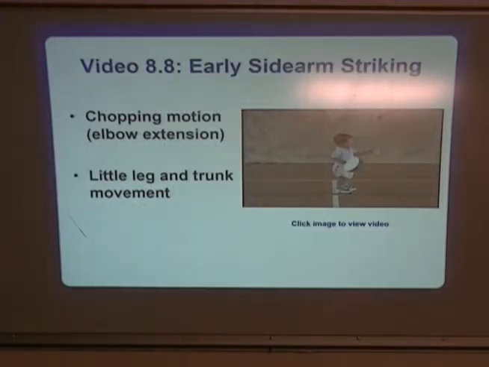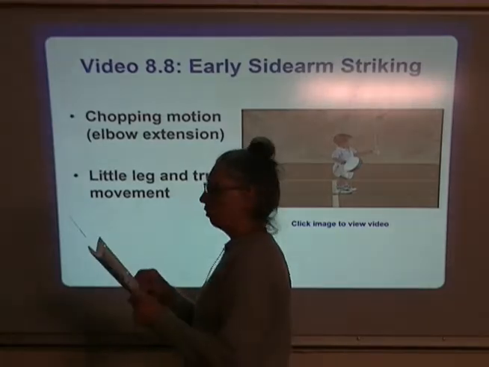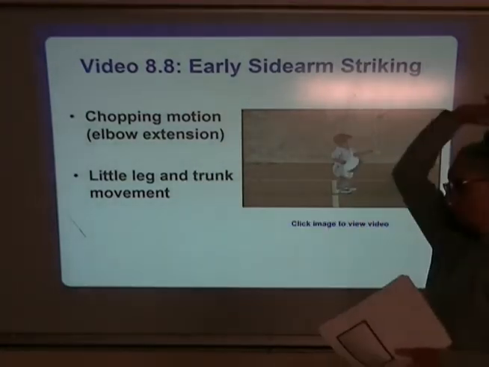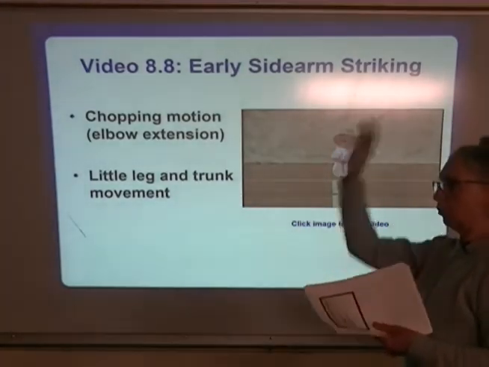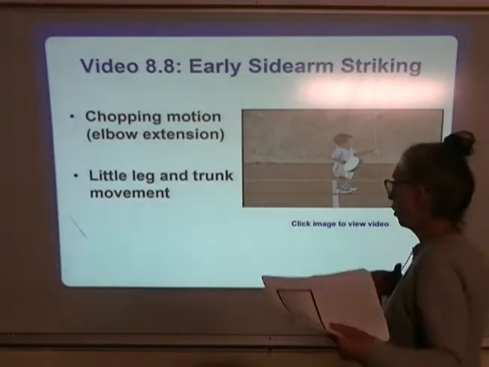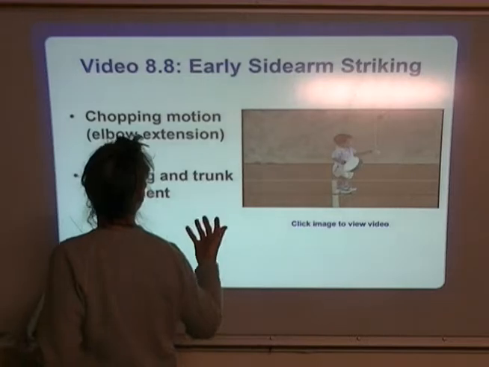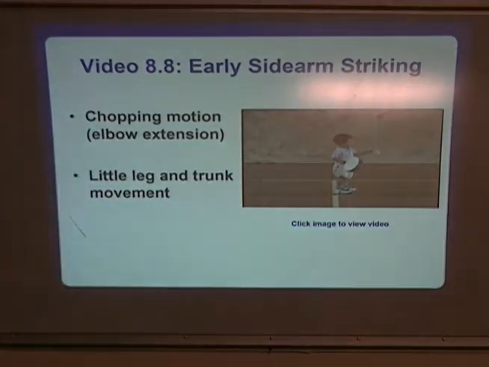So early sidearm striking looks very similar to early throwing. What we see is a chop. Remember that stage one of throwing is that chop down type action with no foot movement. We're going to see a similar scenario here. There might be a little bit of leg or trunk, but typically not to begin with.